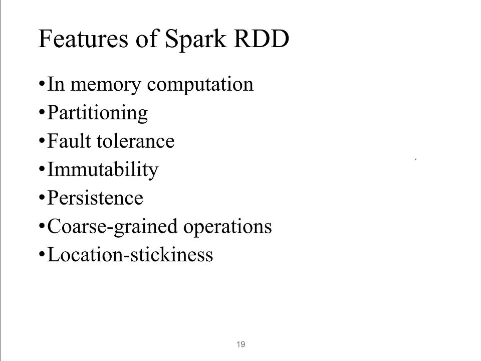So basically, RDD stores the intermediate results in distributed memory, in memory on different machines, instead of storing them on the hard drive. So it's quite different from MapReduce in Hadoop. For MapReduce in Hadoop, the intermediate results are usually stored on disk.